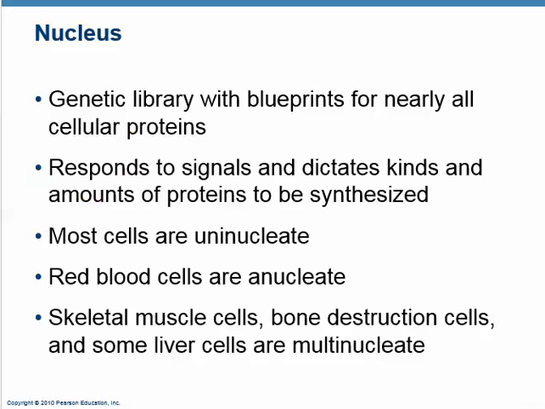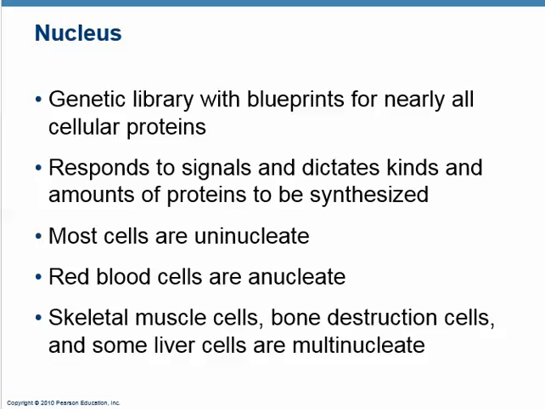Okay, in the center is the nucleus. Now the nucleus is the library. This is where the genetic information is found. And the genetic information is really instructions for making proteins.